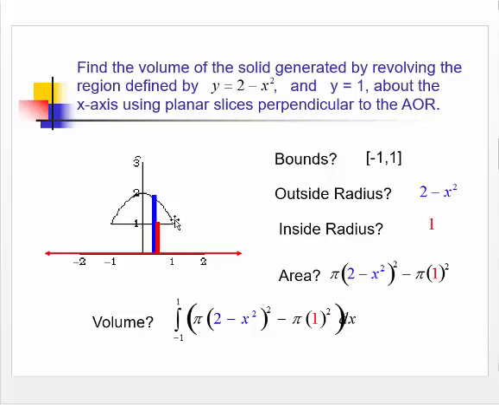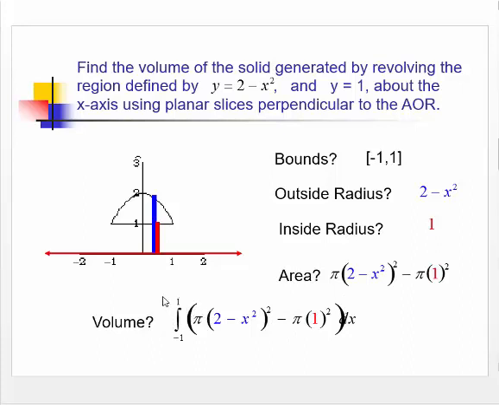So when I integrate this, that area is pi times the outer radius, 2 minus x squared, squared, minus pi times the inner radius squared. So setting this volume up, it would just be negative 1 to 1 pi times the outer radius squared minus pi times the inner radius squared. And you can even factor out the pi if you remember from my other videos.